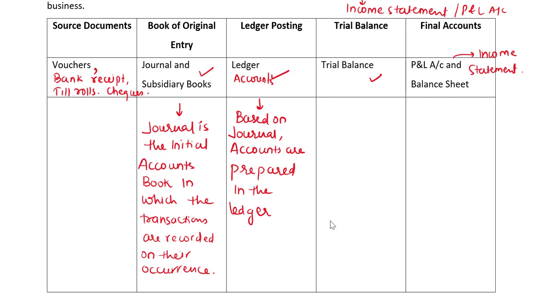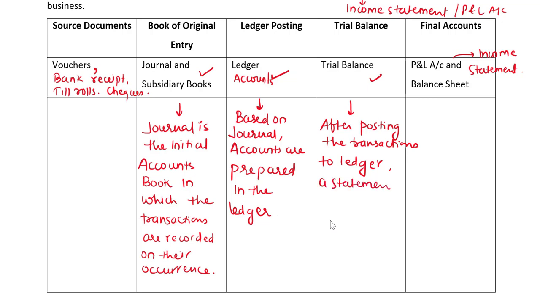Then we'll move to trial balance. So after posting it to ledger, just write it over here. After posting the transactions to ledger, a statement is prepared that is called trial balance.